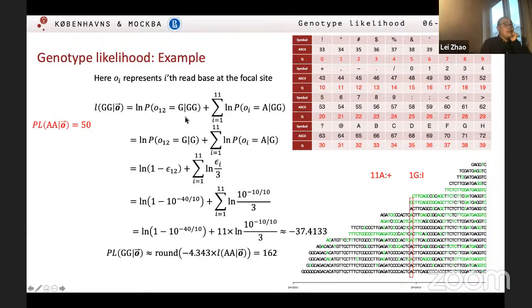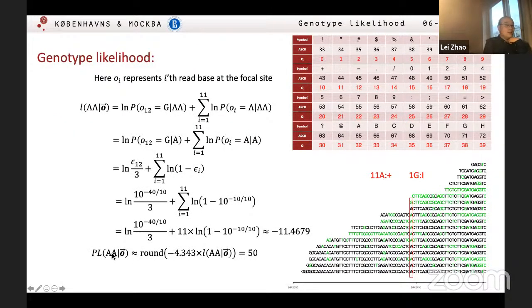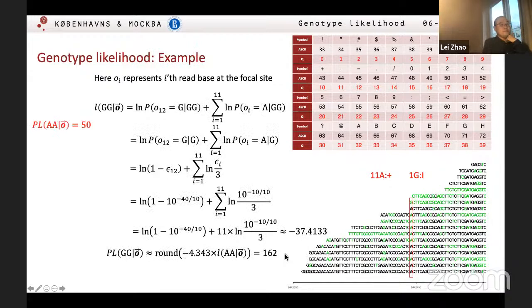But now the G is a true genotype, and so here previously it was epsilon over 3, now it is 1 minus epsilon. A now is maybe because of the calling error or something, so it becomes epsilon over 3, and you can do the same calculation, you get this value. And for the phred scale likelihood, it looks like this.